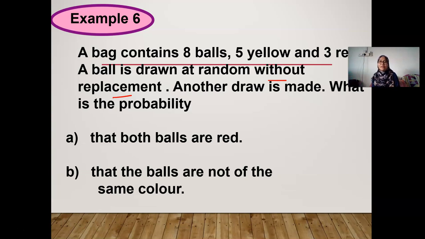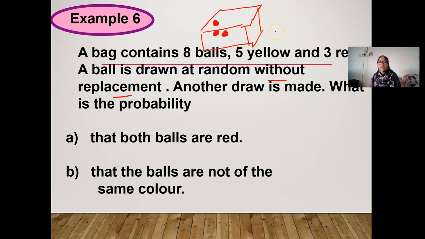Meaning that you have 8 balls, 5 yellow and 3 red, in a box. In this box, you have 3 red: 1, 2, 3.